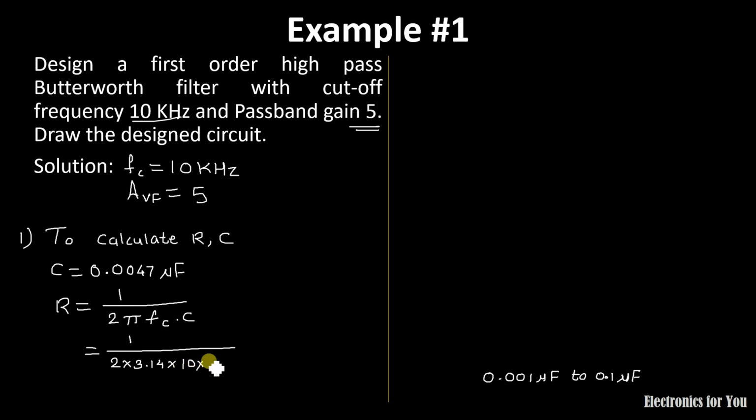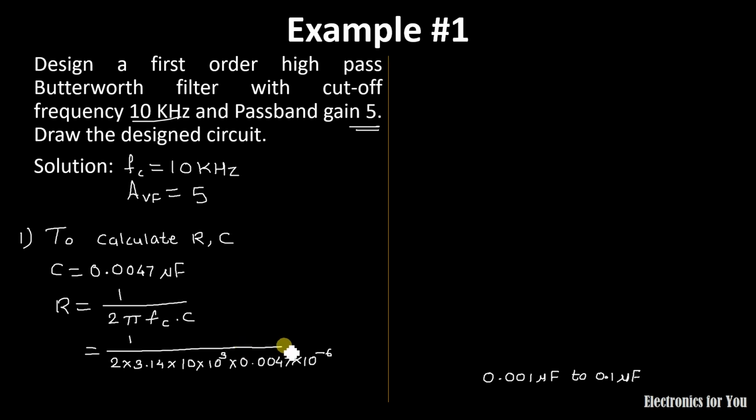So 10 kilohertz means 10 raised to power 3, multiplied by C. Now we have assumed the value of C as 0.0047 microfarad, and micro can be written as 10 raised to power minus 6.